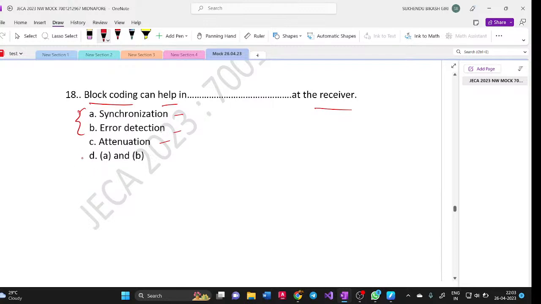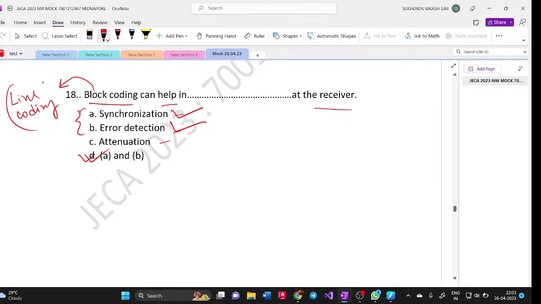The right answer is option D. Block coding we use for synchronization as well as error detection. What is the previous version of block coding? Line coding.